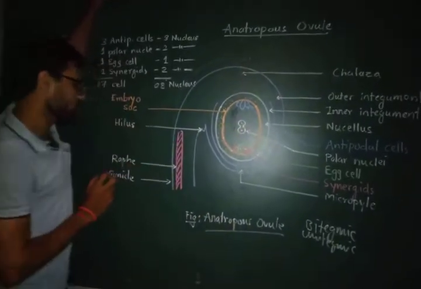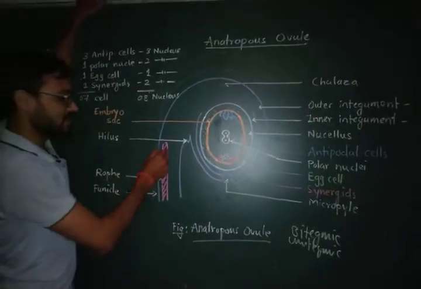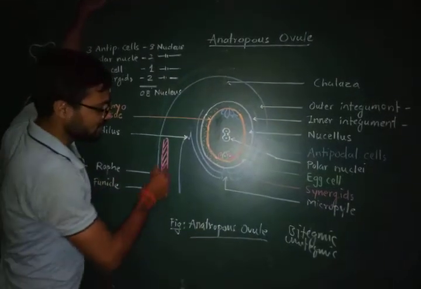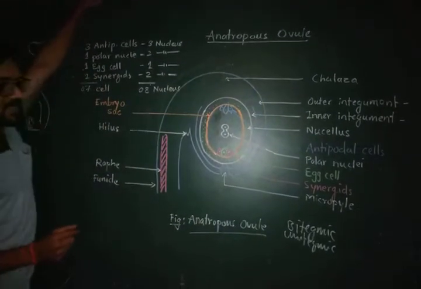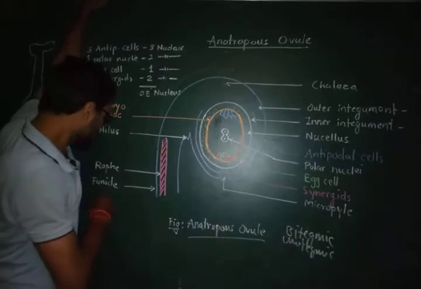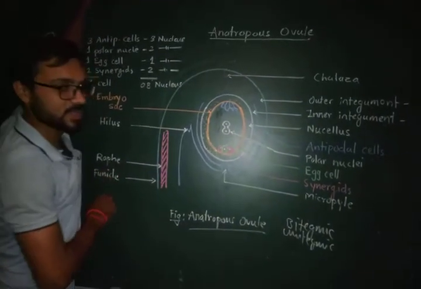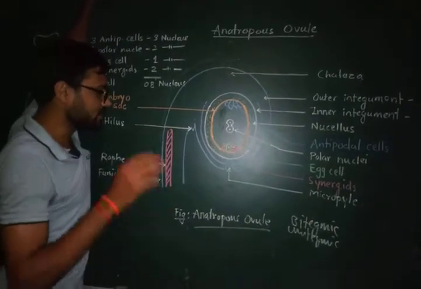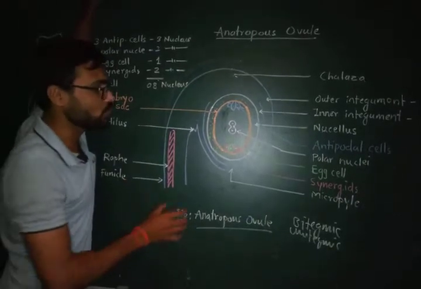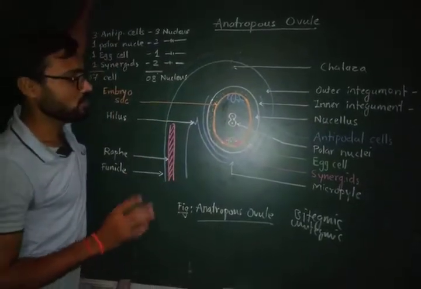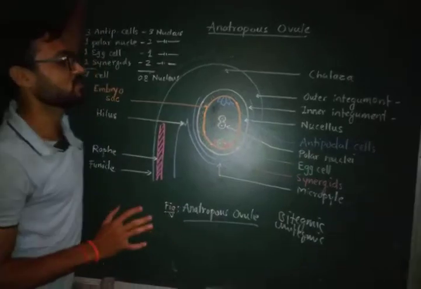Inside the funicle there is a raphe, a supportive dense connective tissue. The funicle and raphe respectively provide protection, attachment and support to the body of the anatropous ovule. This is the overall structure of the anatropous ovule.